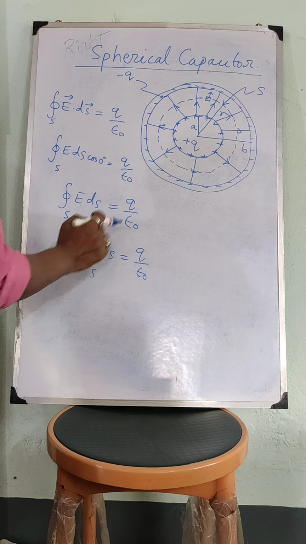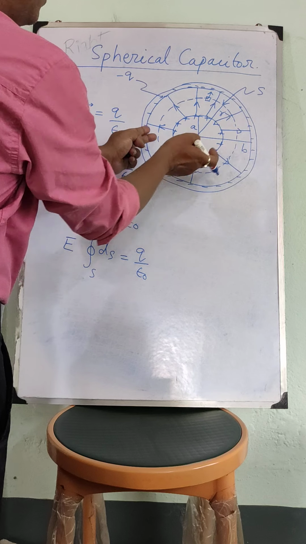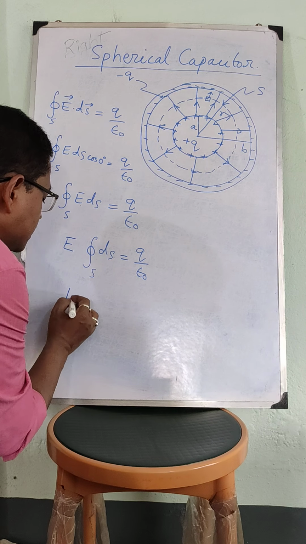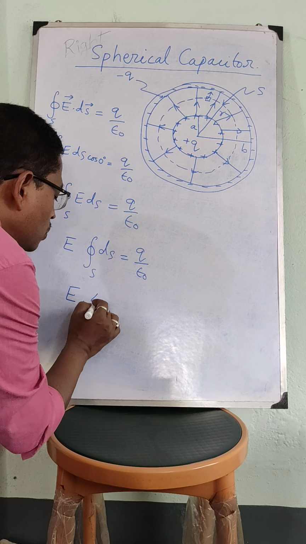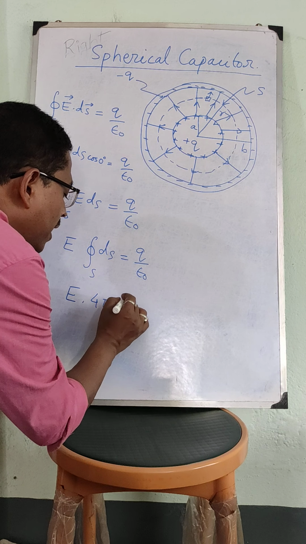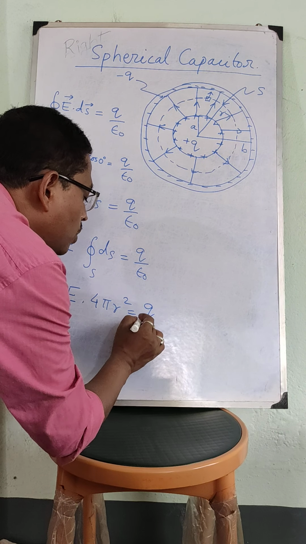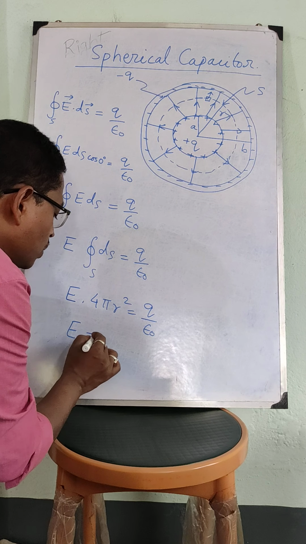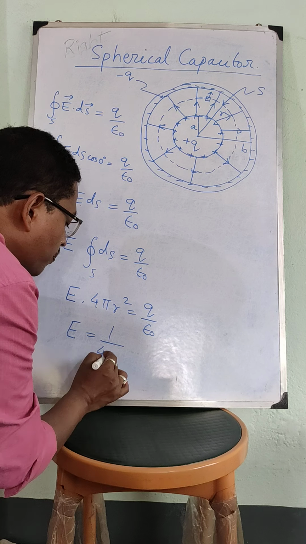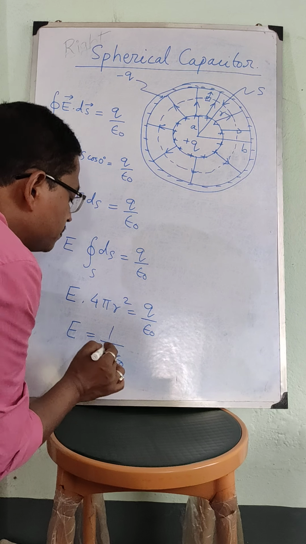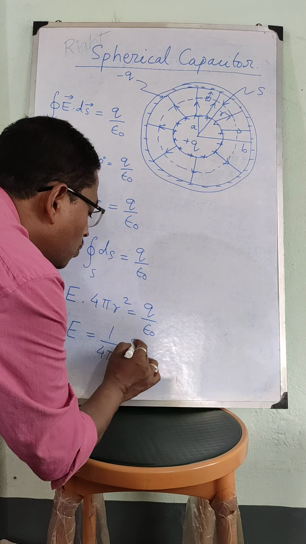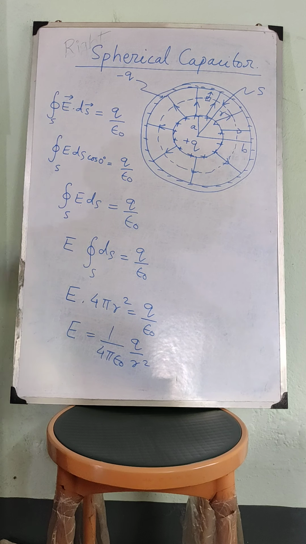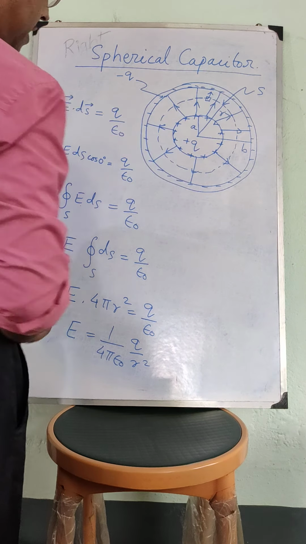So this integration will give us the total area of the sphere of radius r. So this is equal to E into 4 pi r square equal to Q by epsilon 0. So E is equal to 1 by 4 pi epsilon 0 Q by r square. This is the magnitude of the electric field in the inner region.